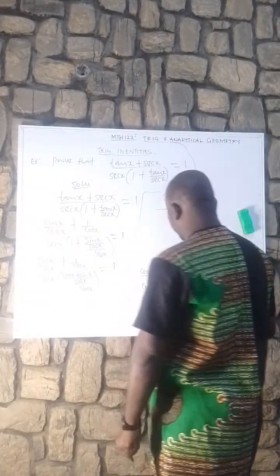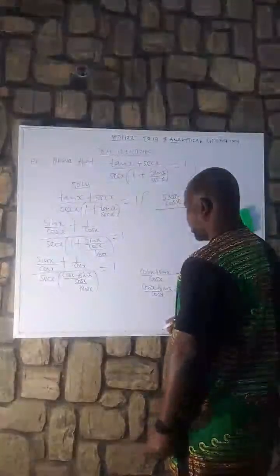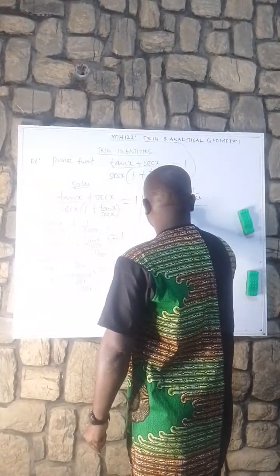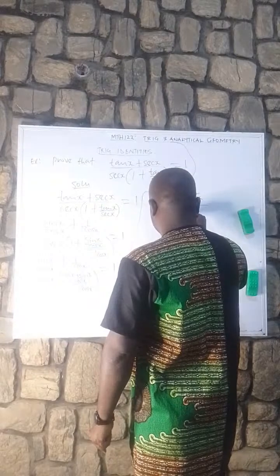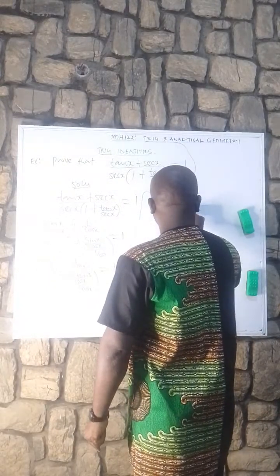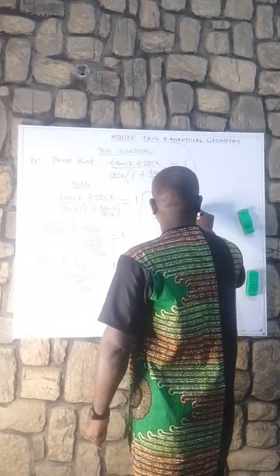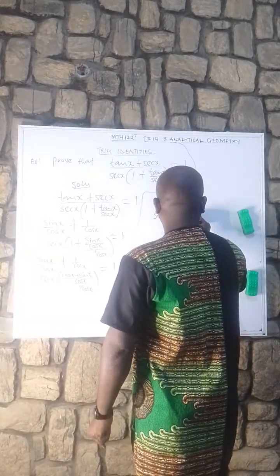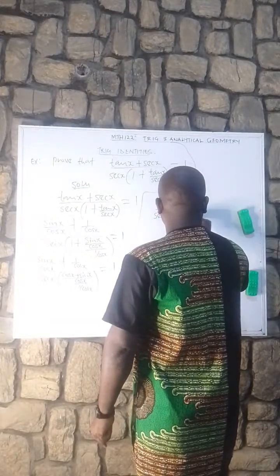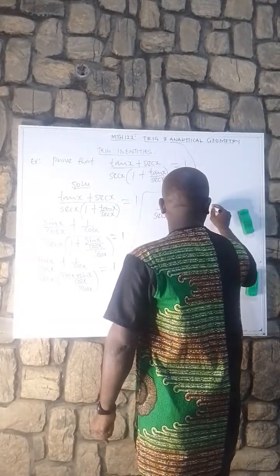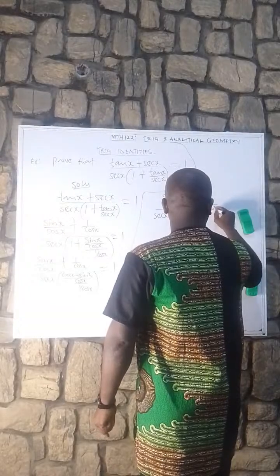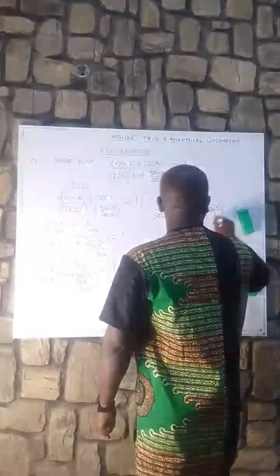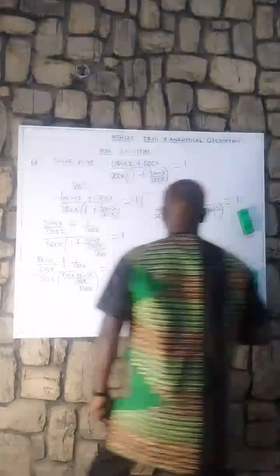Then all over sec x, open bracket, cos x plus sine x all over cos x times cos x all over 1, equals to 1. True or false?